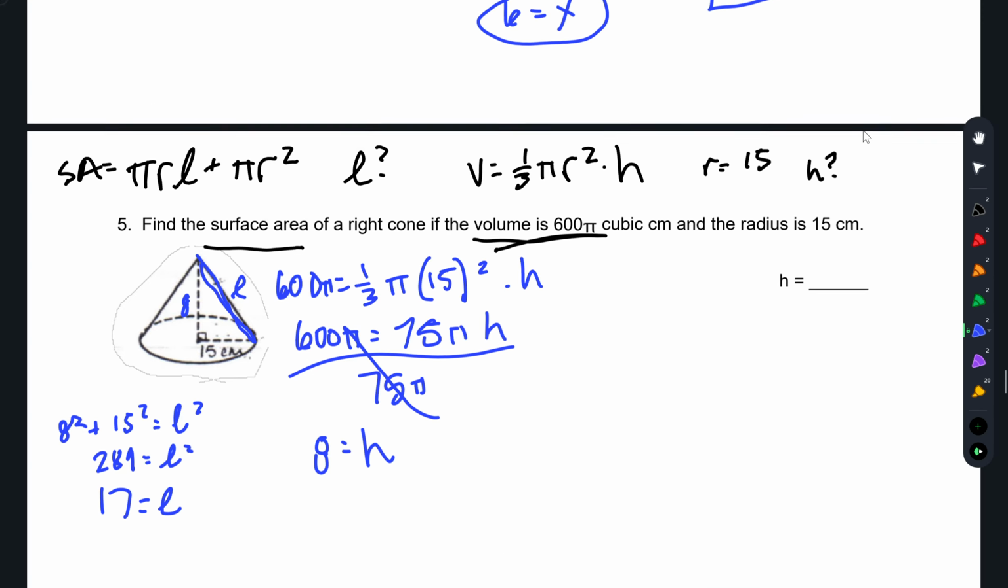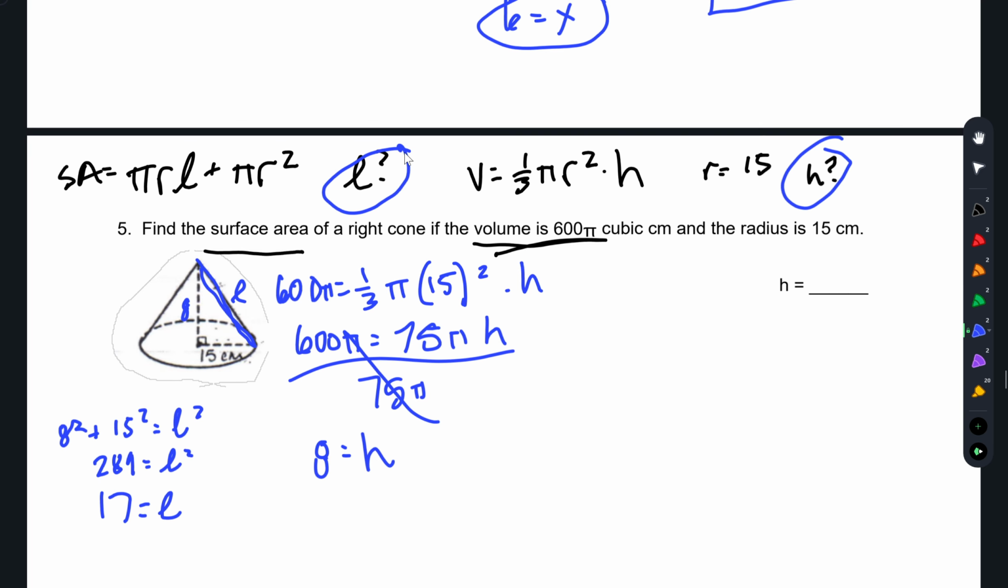Now that we know the height and we know the slant height, I can go in and figure out what is the surface area. Surface area of a cone formula, pi, radius, times that slant height we just found, plus pi, radius squared.